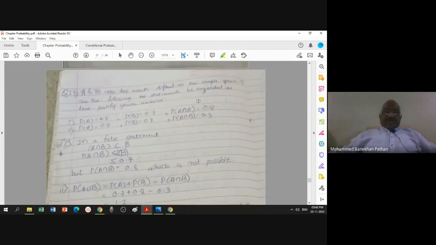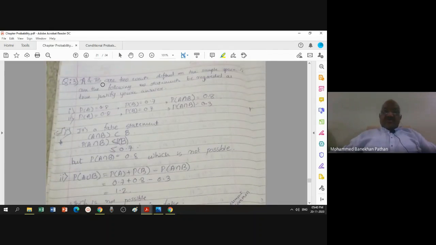Now next question is, you have two events. I am purposely taking many numerical problems because you should not face difficulty in multiple choice. A and B are two events defined on a sample space. Can the following statements be regarded as true? Justify your answer.